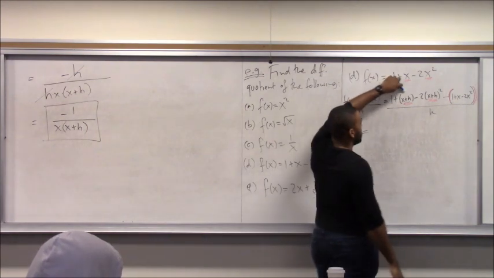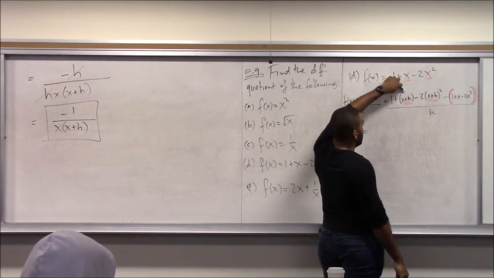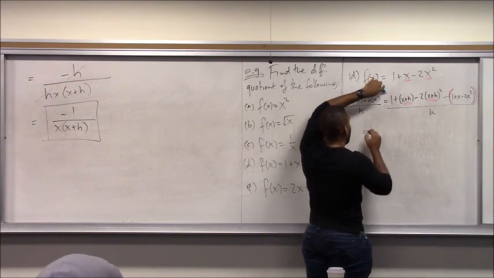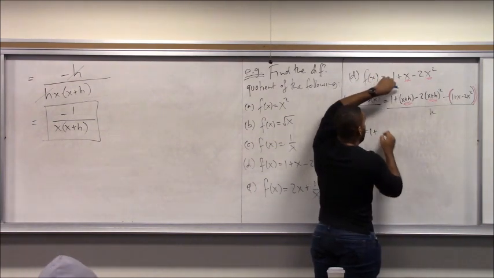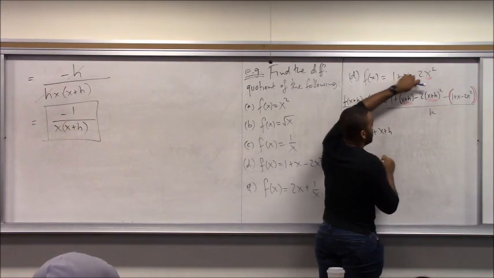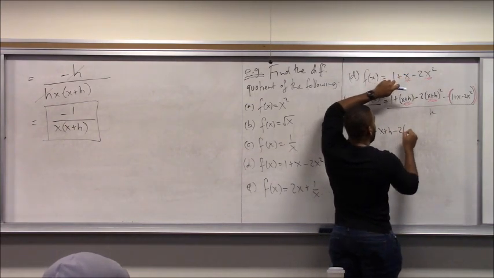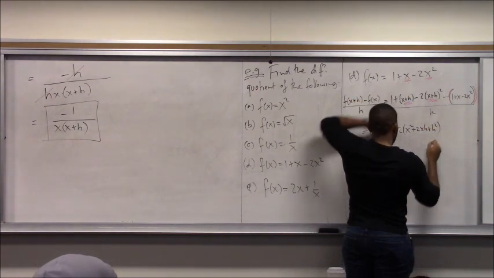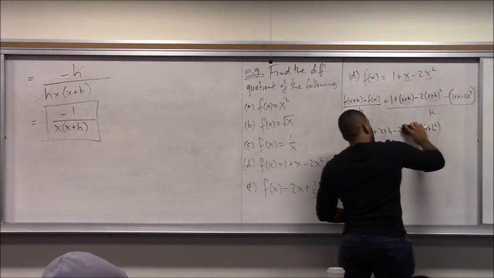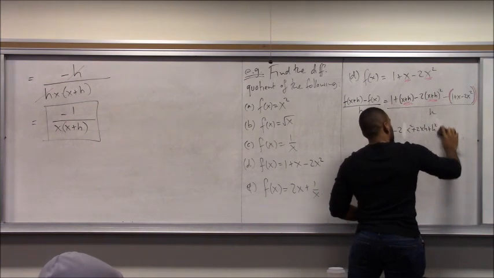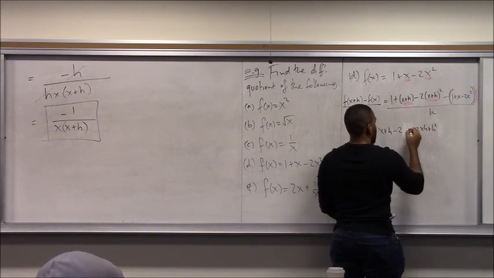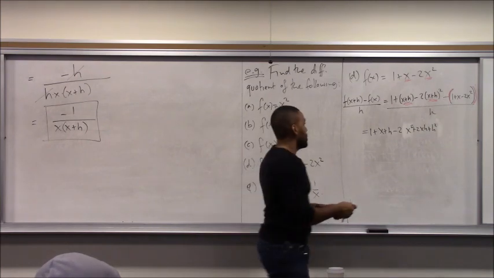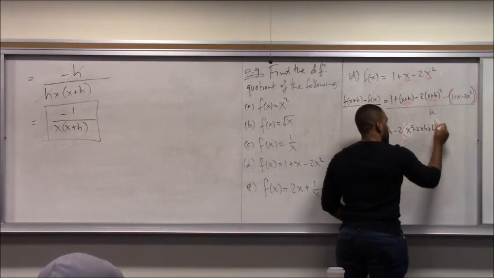Well, we can start removing these parentheses, so hopefully we can simplify something to eliminate things. So we have the 1 here, that just distributes to x plus h. Minus this guy, minus 2 times x squared plus 2xh plus h squared. Parentheses should be here.